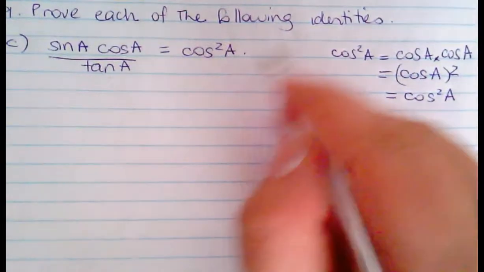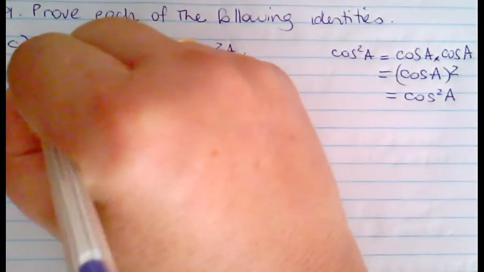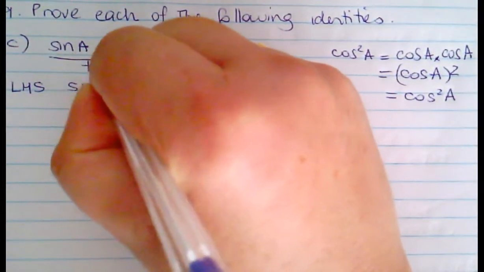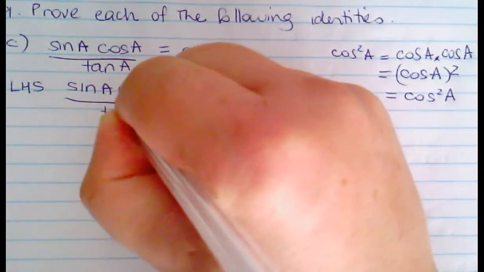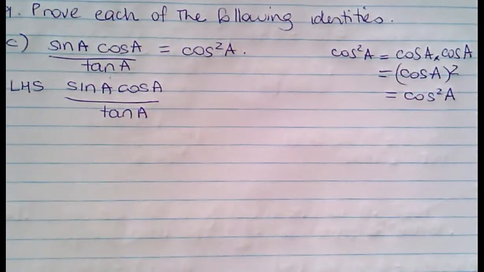So when we prove these identities, we always start off with the left-hand side, with what we've got. The left-hand side is sine A cos A divided by tan A. I'm just going to play with that left-hand side.